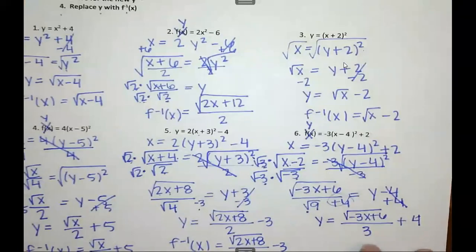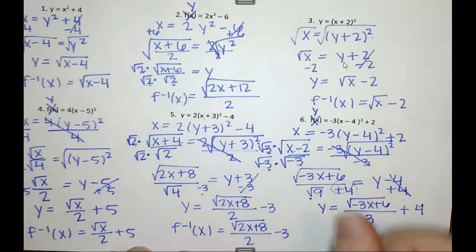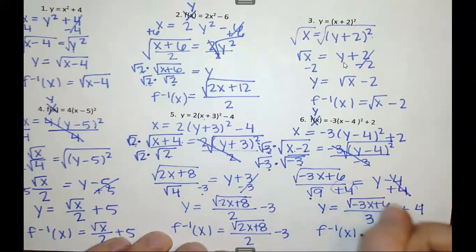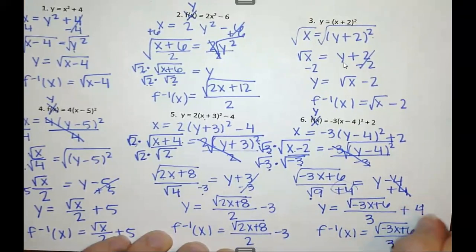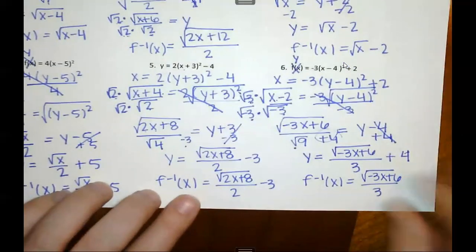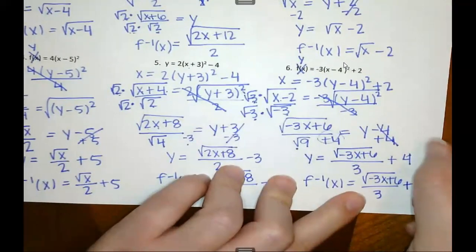And our final step is to replace the y with the inverse. Inverse of x equals the square root of negative 3x plus 6 over 3 plus 4.